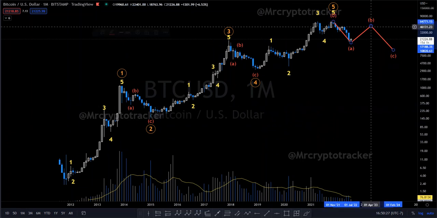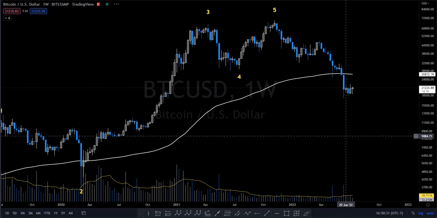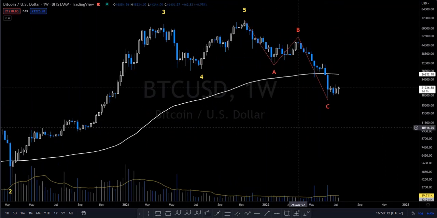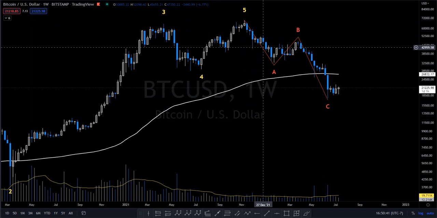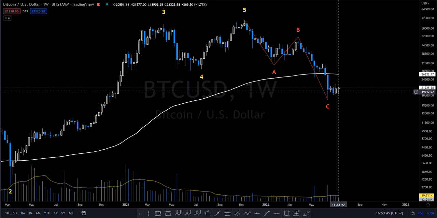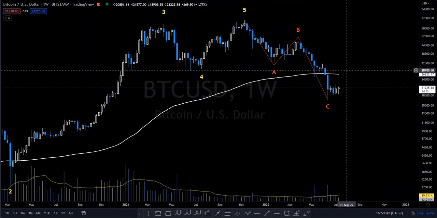But here, let me go to a lower time frame, the weekly. What we can see here is this so far. This would be the A, B, and C, and we are going to see a correction here.